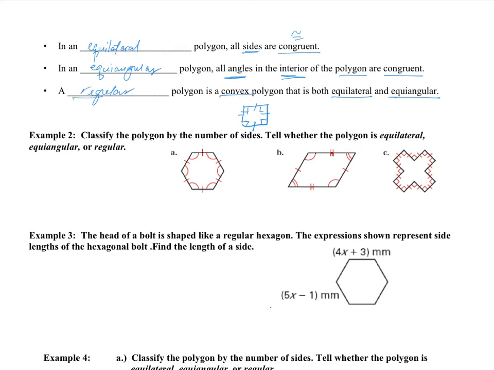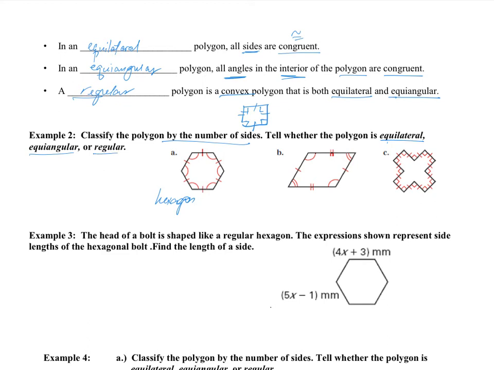Example 2. Classify the polygon by the number of sides. For the first one, we will call this a hexagon. Tell whether the polygon is equilateral, equiangular, or regular.